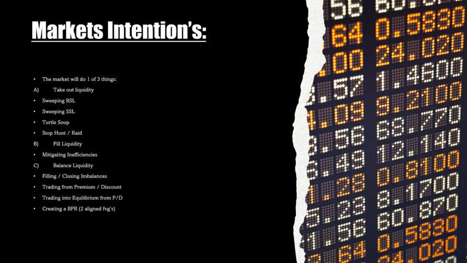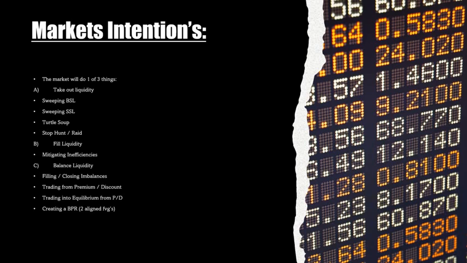And the final thing that the market can do, remember the market can do one of three things: take out liquidity, fill liquidity, or balance liquidity. When we balance liquidity, we are filling and closing in imbalances. Fair value gaps are imbalances, and fair value gaps are also inefficiencies.